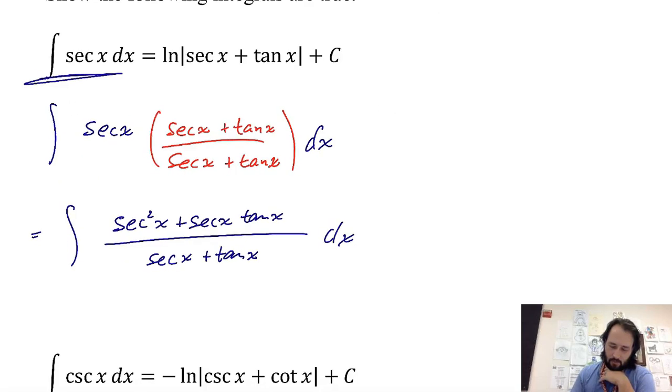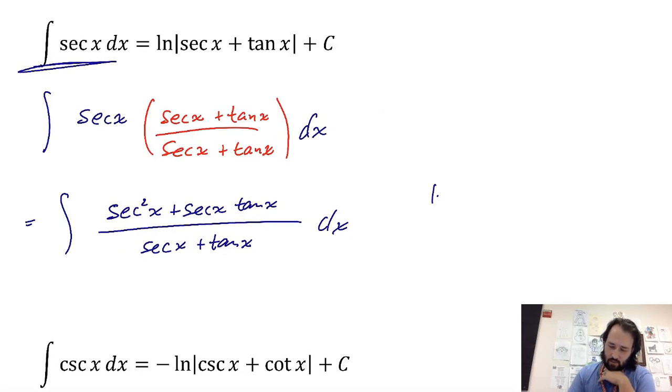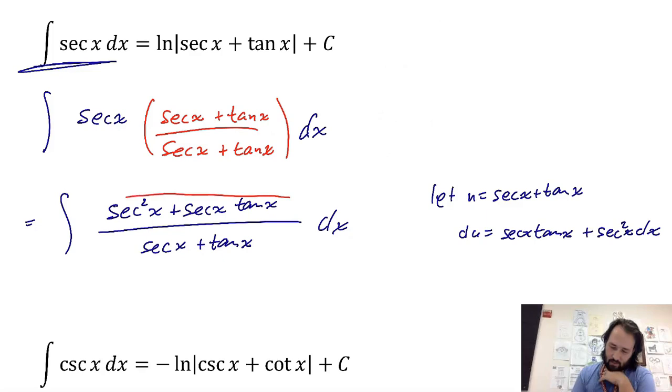Cool thing now is I can let u equal secant of x plus tangent of x, and if I take du, well, hey-oh, derivative of secant is secant tangent, and the derivative of tangent is secant squared dx. Is that not what we have right there?